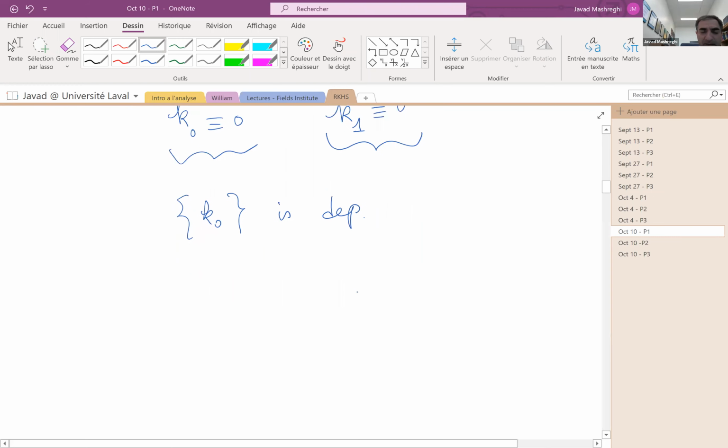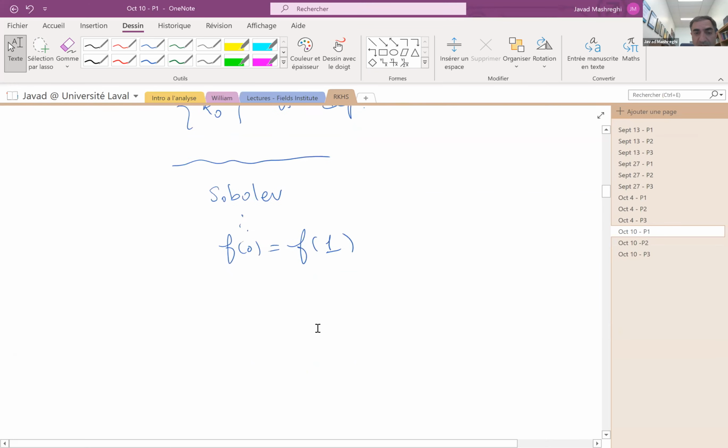We had another example, again in the Sobolev space. I forgot which number that was, but the condition was that f of 0 is equal to f of 1. Not equal to 0, just that they are equal. Maybe it was in the exercises I gave. In this case, the reproducing kernels at point 0 and point 1 give the same value.